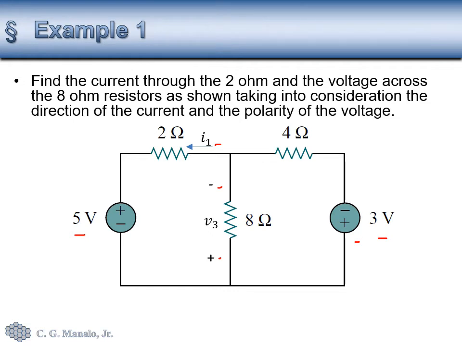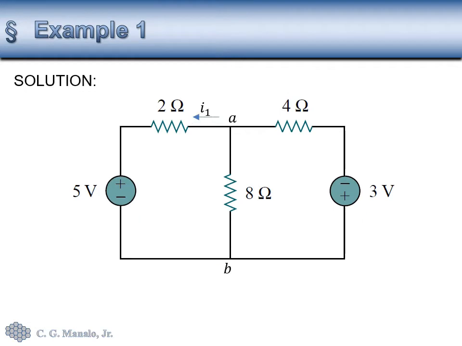We also cannot apply a Y to delta transformation, because on that result we cannot zero in on the solution. Therefore, those tools that we have learned before are not that effective. So for this problem, the use of Kirchhoff's laws is more fitting. So let's proceed with the solution.